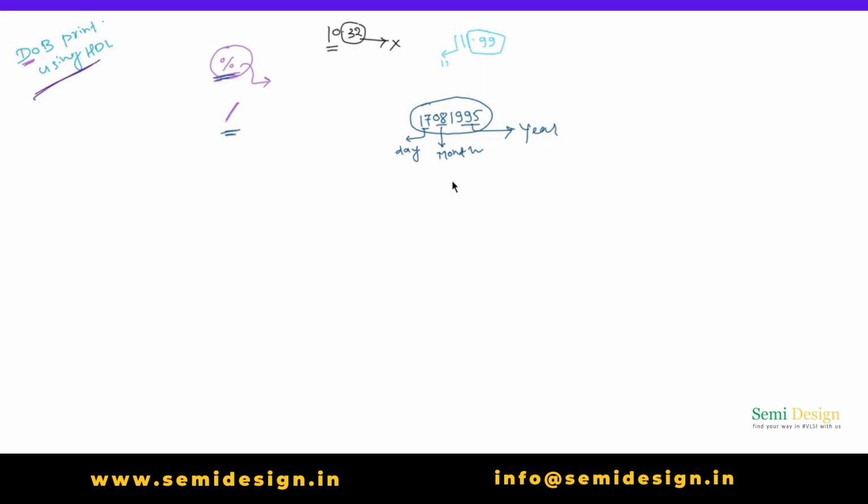Now see, first we want to print the day, 17. How to get this 17? Very important. For this, first we need to declare one integer, let's take DOB, and provide 17/08/1995. 2 raised to power 32 is a big value, so we can take this much, it doesn't matter.